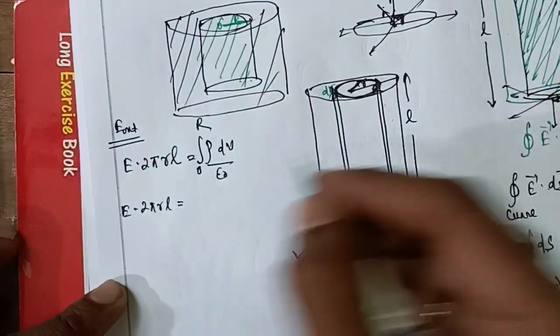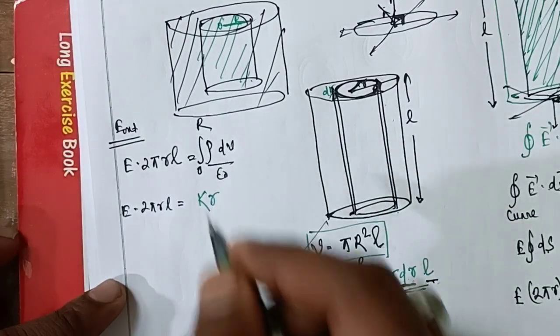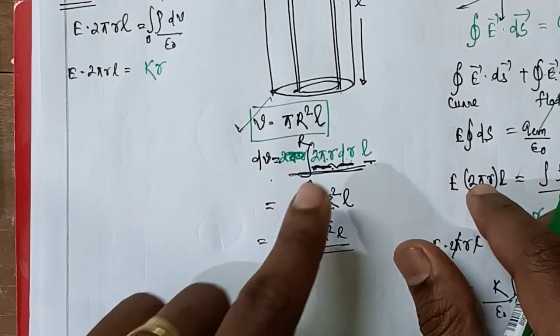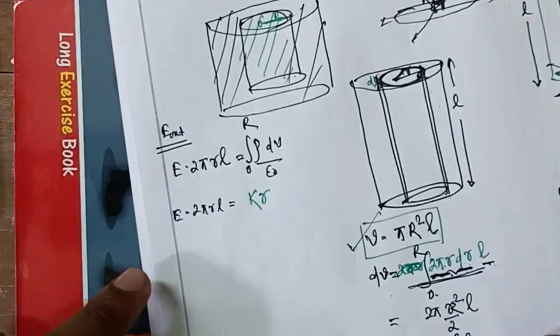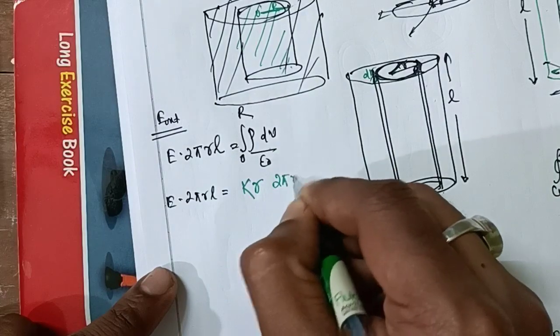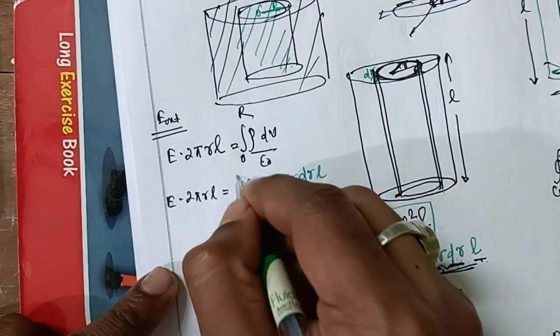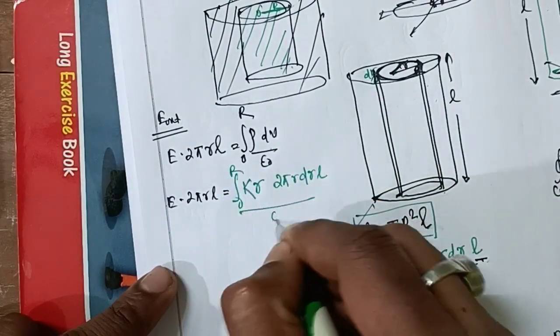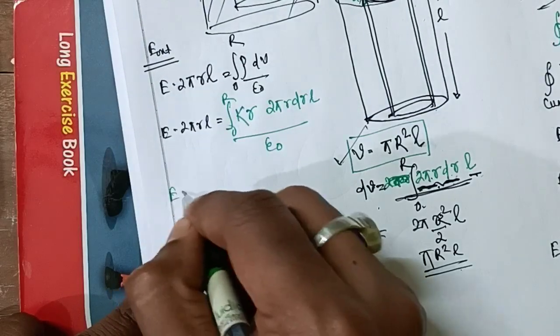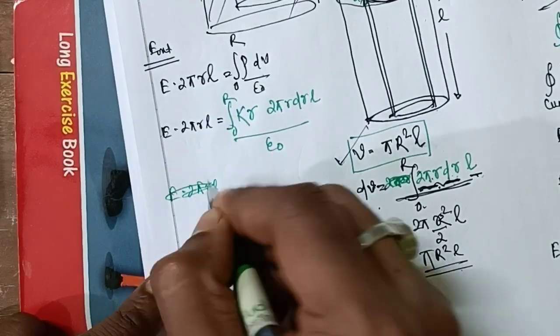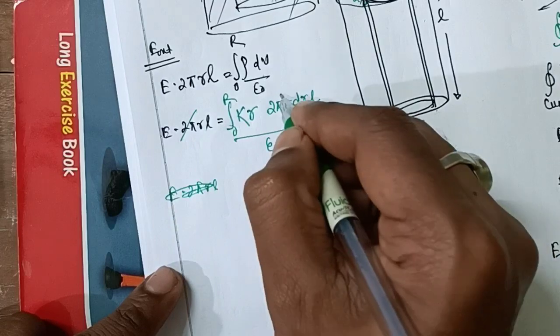I will put in this value of rho, which is Kr, and dV I already mentioned here, 2 pi r dr into L, 0 to R upon epsilon naught.